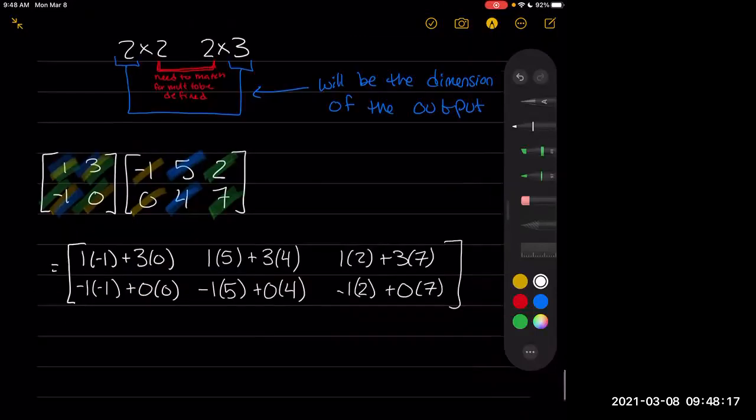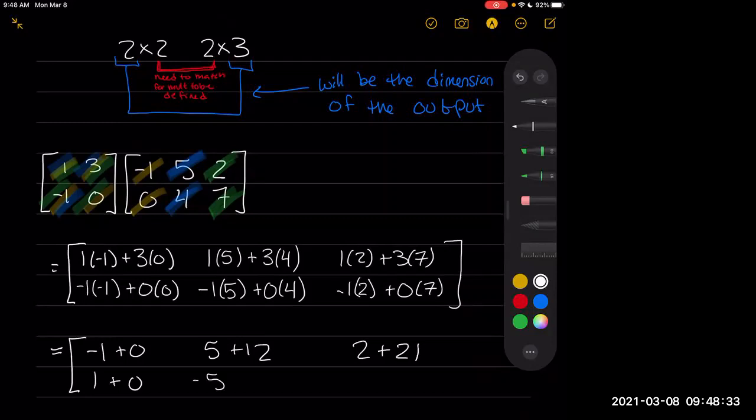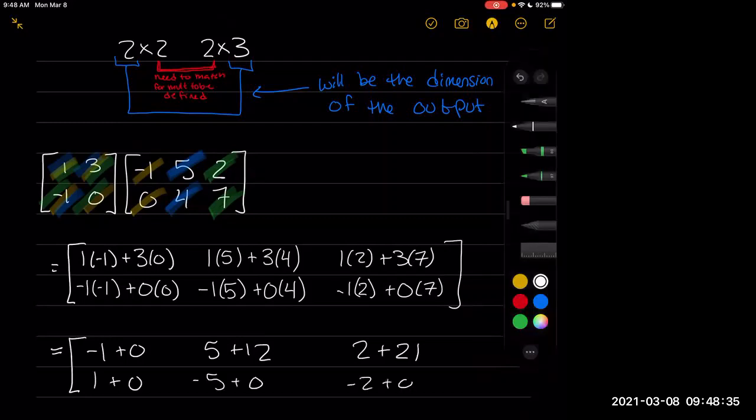So now when we simplify all of these terms, we have a -1 plus 0, a 5 plus 12, a 2 plus 21, a 1 plus 0, a -5 plus 0, a -2 plus 0.